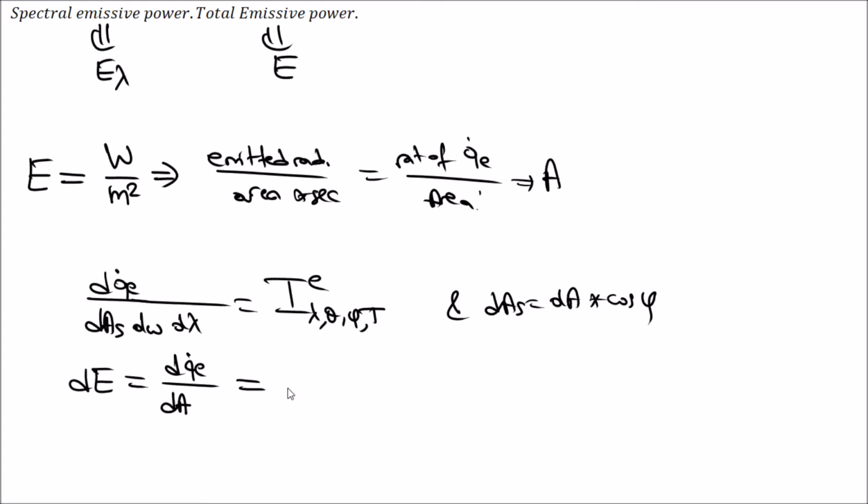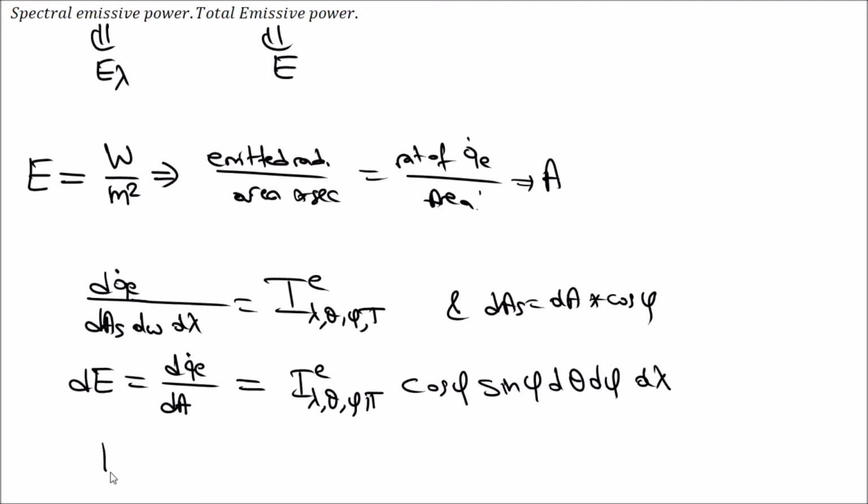Therefore, this quantity will be equal to I emitted, a function of lambda, theta, phi, and the temperature, multiplied with cosine phi, and multiplied with d omega, which is sine phi d theta d phi, and multiplied with d lambda. That is the differential rate of total emissive power.